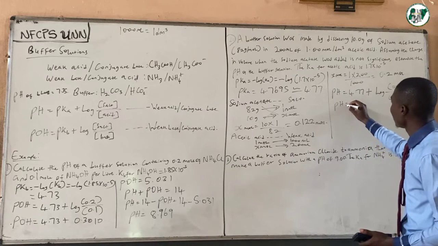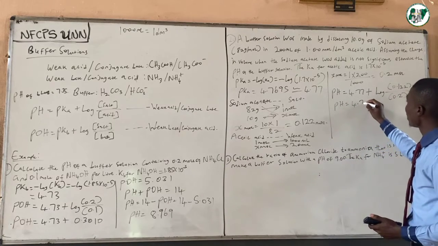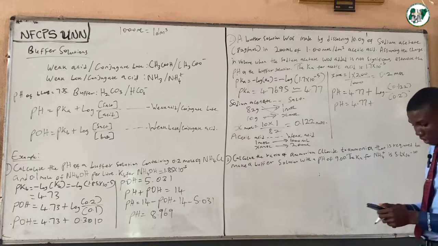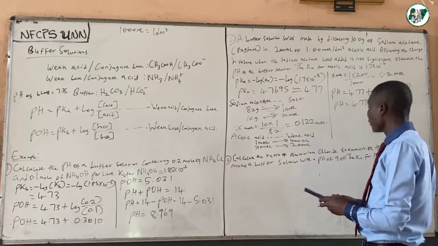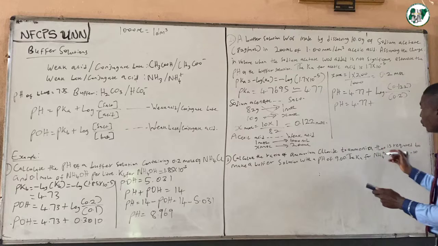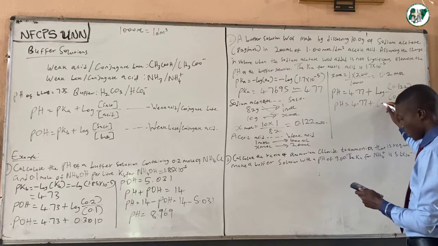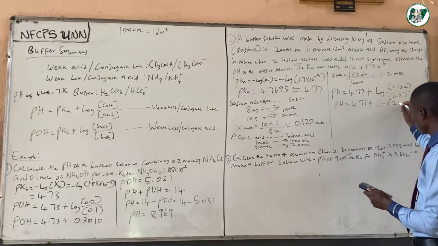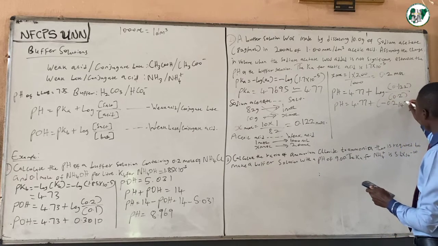Our pH is now equal to 4.77 plus log of 0.122 divided by 0.2. And the logarithm of that value is going to give us plus in brackets minus 0.2147.